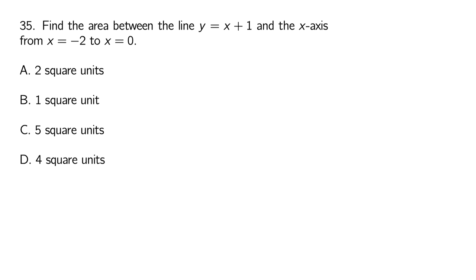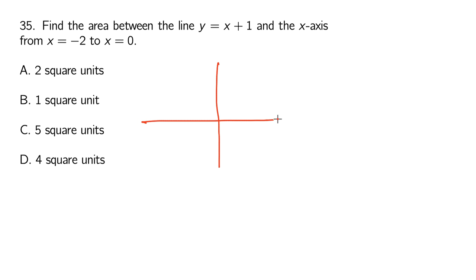The next is question 35. It says find the area between the line y equals x plus 1 and the x-axis from x equals minus 2 to 0. We can try to sketch this line.